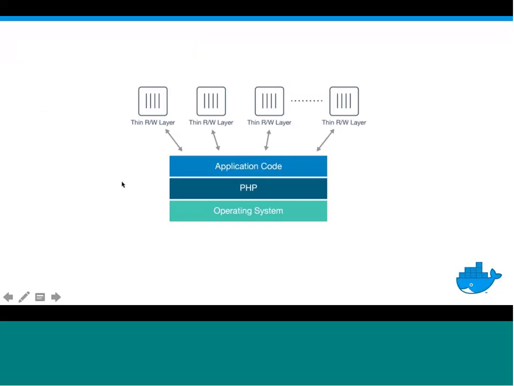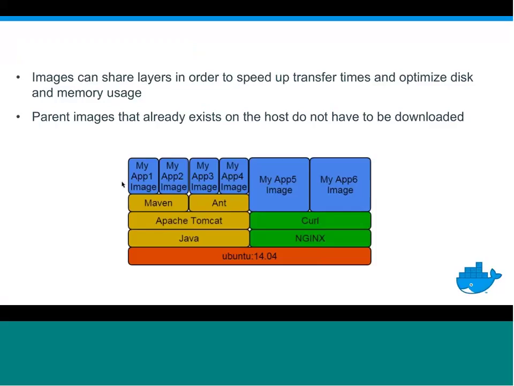What this really means, if you think about it, is this. When you can share layers, these layers don't have to be repeated, and that is a big difference from a virtual machine. If you think about a virtual machine, if you had 6 different apps, as we're talking about in the blue box, we would have 6 different stacks, each with the full stack.